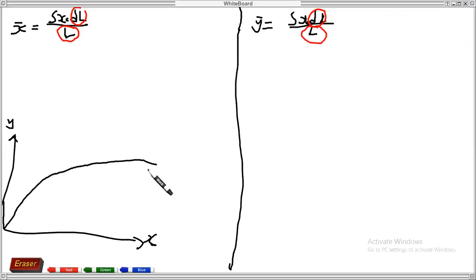You can take a small piece here, like that. Now remember this small piece that you have here.